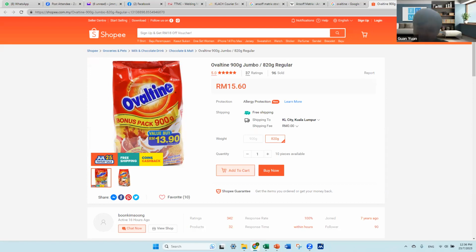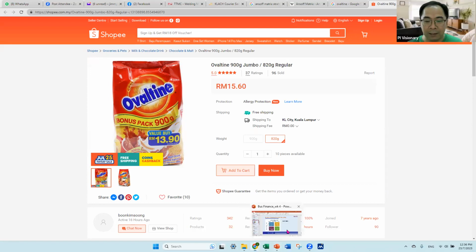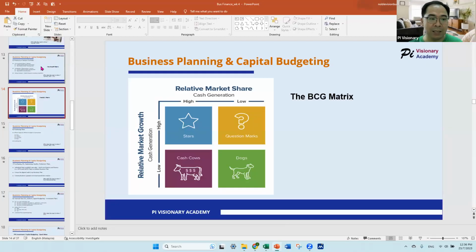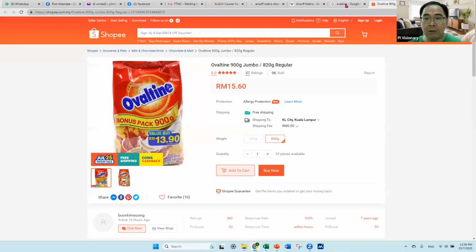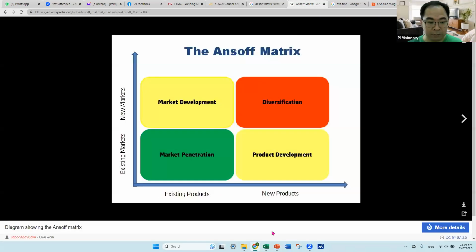So now it's a marketing strategy lah. Milo is an existing product of Nestle. So they go to the existing market, primary school.